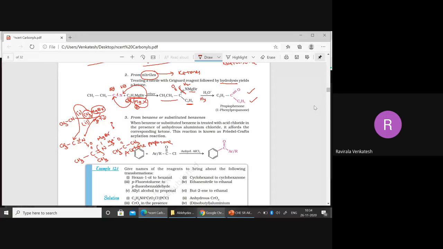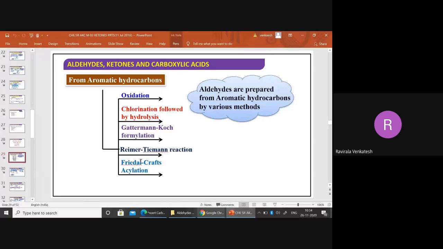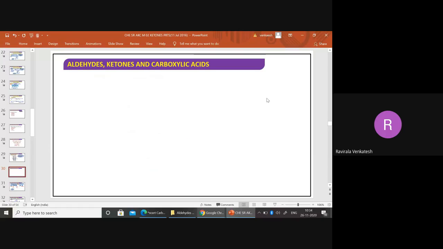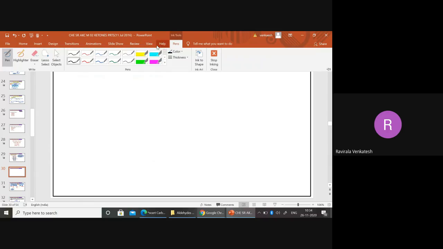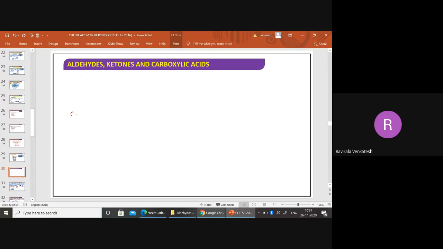Understood here? We'll take one more example: CH3CH2 cyanide reacting with CH3CH2MgCl, followed by the hydrolysis reaction.